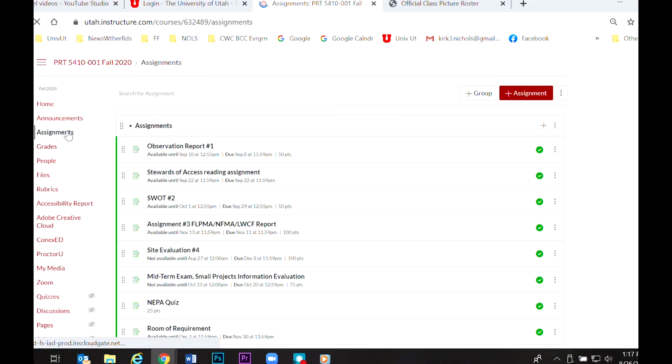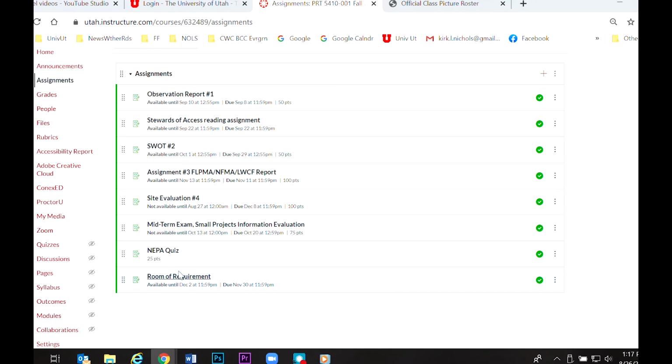There are a couple more things here. Midterm is a take-home. We'll take care of that as we get there. NEPA is hopefully an in-class quiz. If not, it'll be during class time on a limited period of time. This room of requirement for late assignments is just if you miss not just the due date, but the acceptance date, which is usually 1 to 2 days later. I have created this spot where you can turn in late assignments.